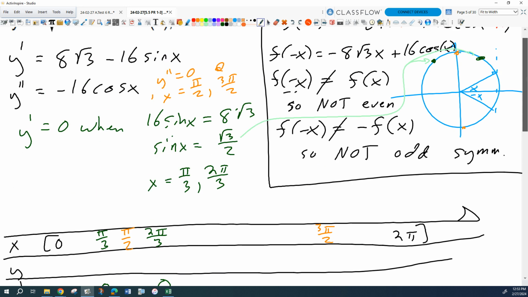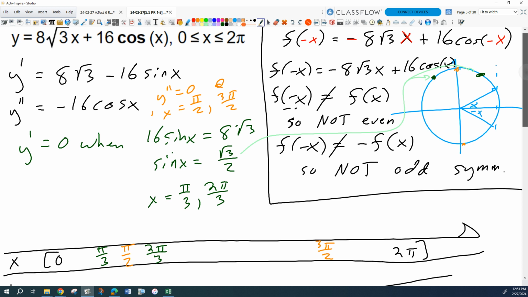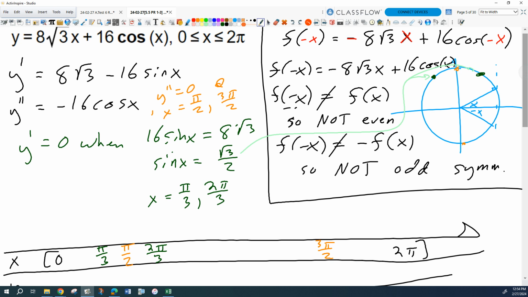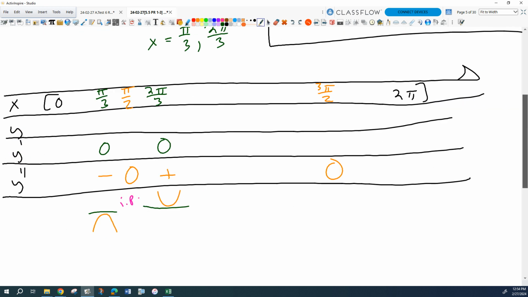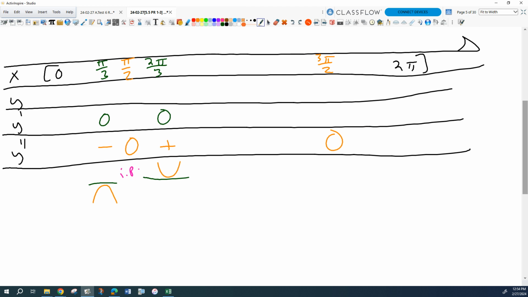The second derivative at 2 pi is what? Positive or negative? Positive. The cosine's positive. Times negative 16 would make the derivative negative. So look what we get. We get another inflection point right there.